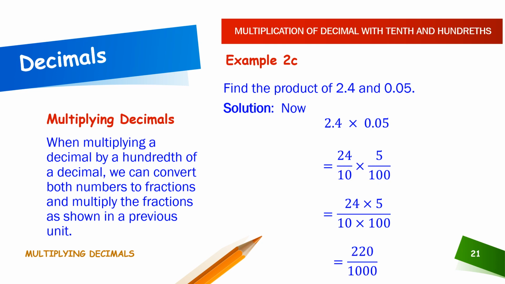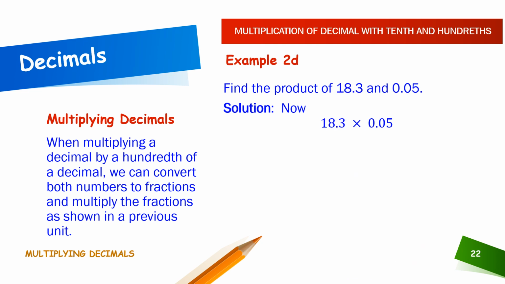And this is equal to 220 over 1,000, which is equal to 0.220. Since we're dividing by 1,000, we move the decimal point 3 places to the left.